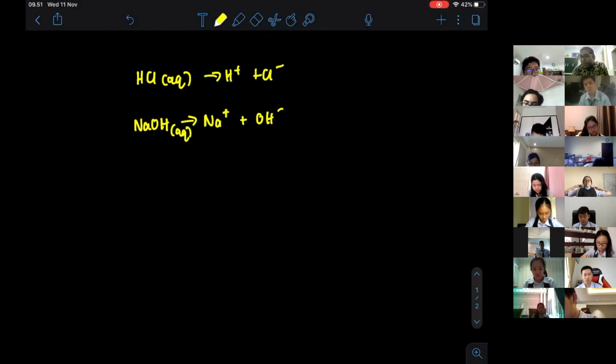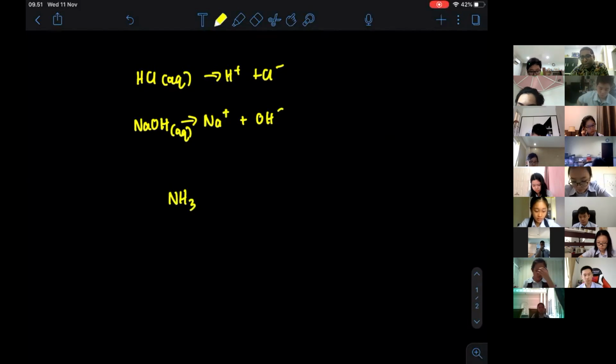It's good also. But how do I show that this is acid and base when I have ammonia? How do I show ammonia is a base? Let me check with you guys. Justin, is ammonia a base or no?